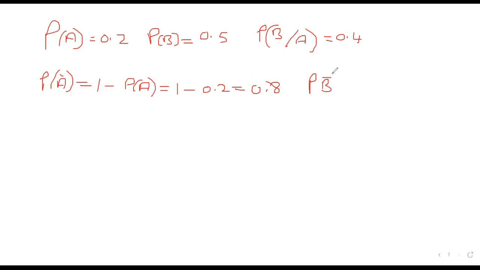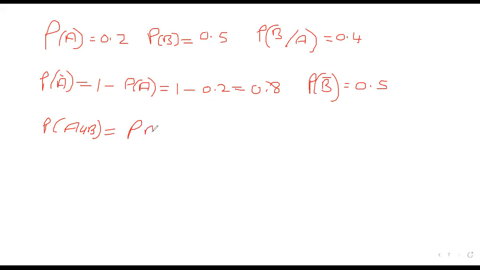So what's the complement of B? Complement of B is 1 minus 0.5, which is 0.5. Good. And how do we find A union B? What's the formula for A union B?